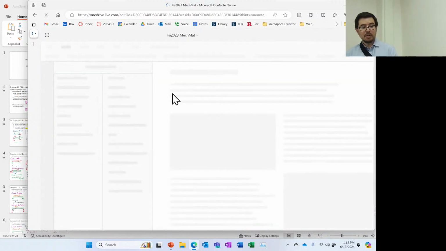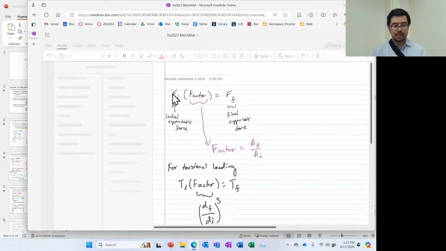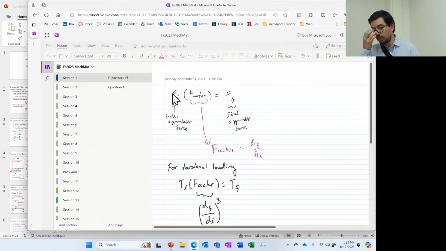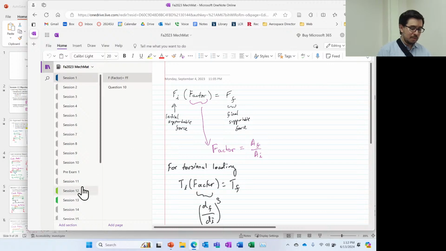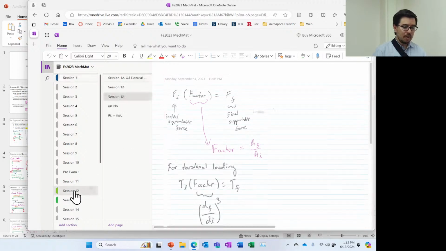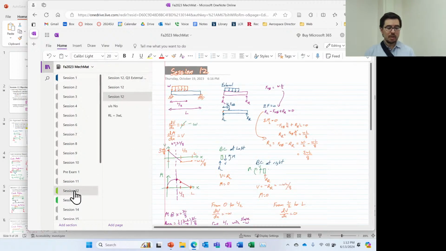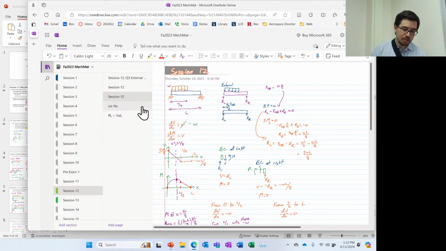There were so many questions last fall that I keep track of them in this OneNote file. So if you open that file and come into session 12, you will find some very helpful information on how to attack these problems.